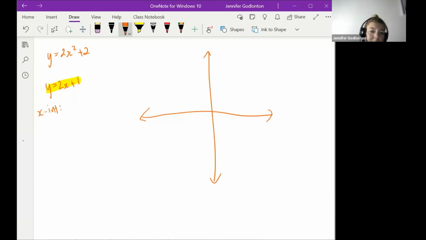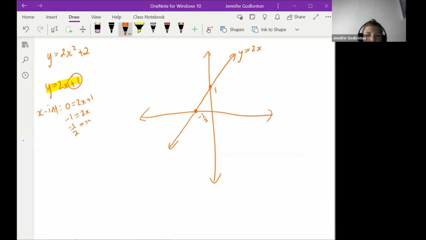Your x-intercept is when y is 0, so 0 is equal to 2x plus 1, which means negative 1 equals 2x. And so x is equal to negative 1 over 2, so negative a half. And your y-intercept is this guy over here. So that's 1. And you can just draw in that line. That's y equals 2x plus 1.